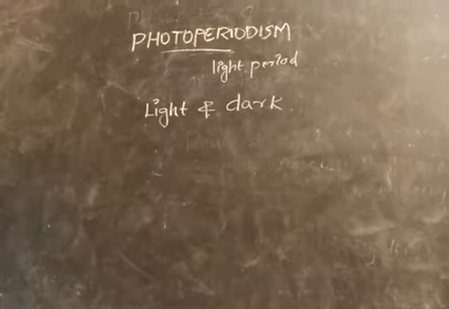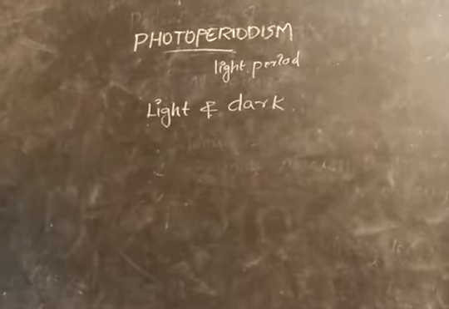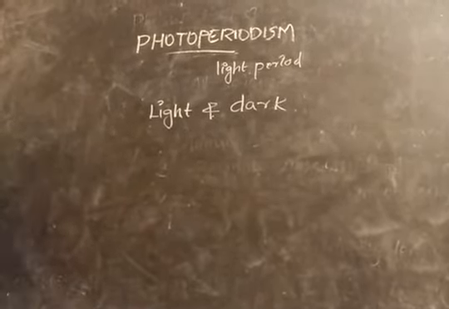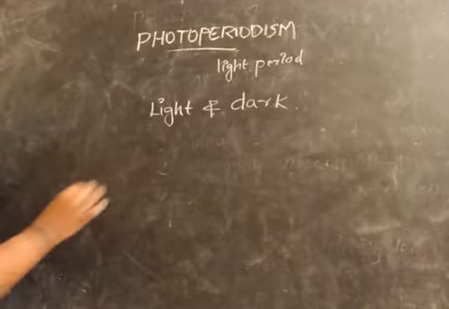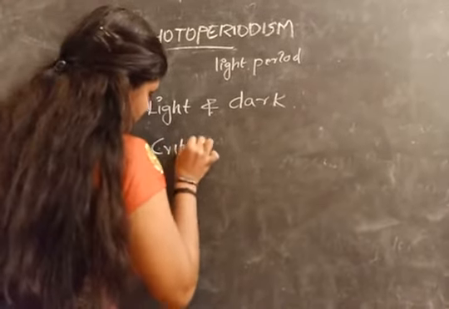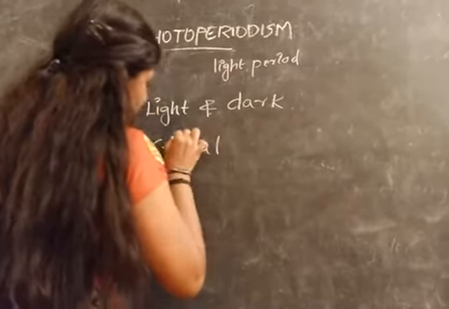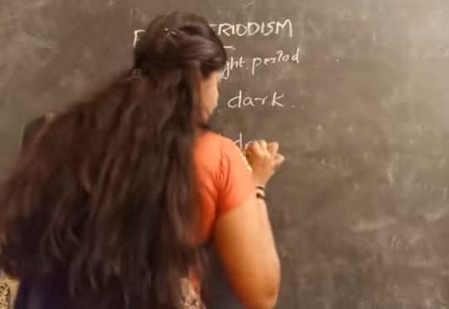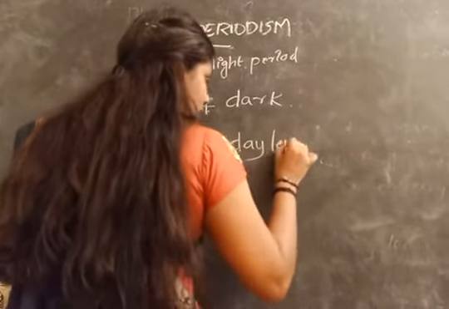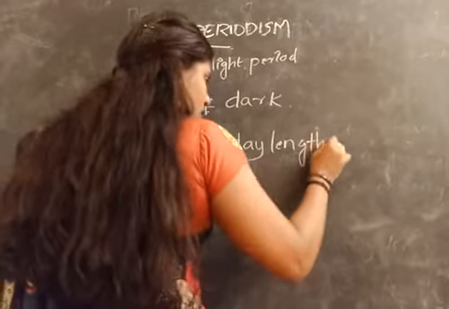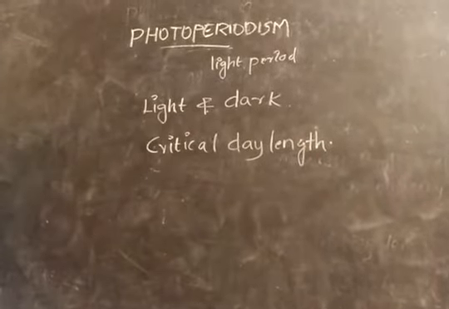It's called photoperiodism. The photoperiod required to induce flowering is called critical day length.